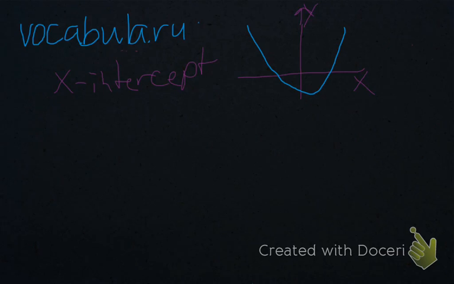So if we had a parabola, we would have an x-intercept here, so it's crossing the x-axis, and an x-intercept there. It's also important to note that for the x-intercept, y equals 0 always. And we'll actually use that later to solve for the x-intercept.